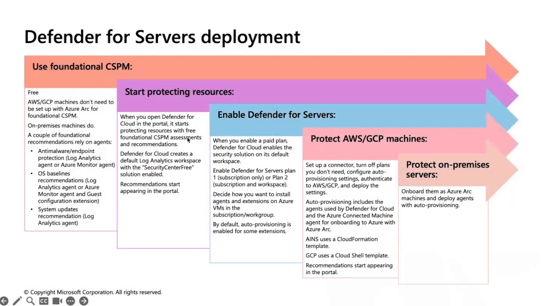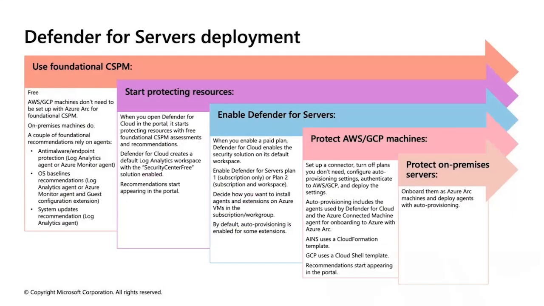Now, when you start protecting, you should plan for enabling Defender for server options. There are mainly two plans. Defender for server plan 1 is $5 per billable server per month.